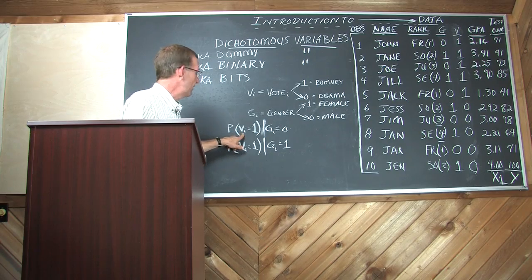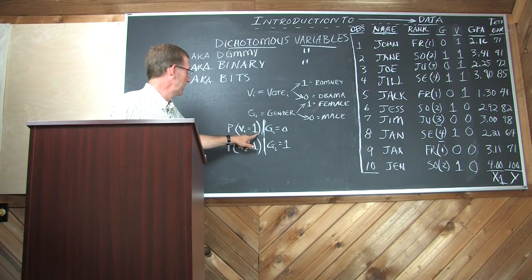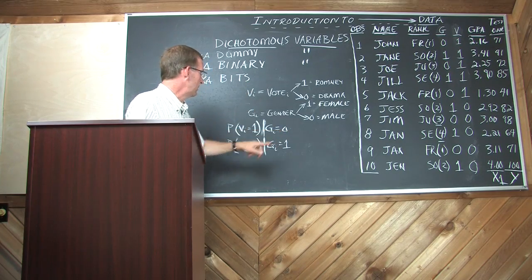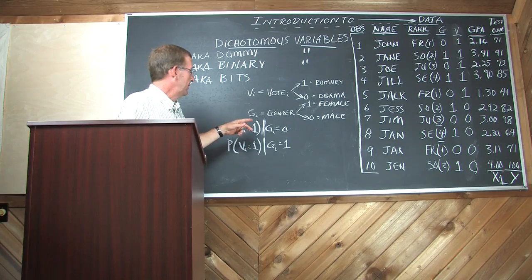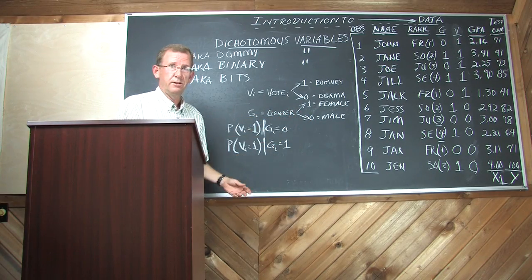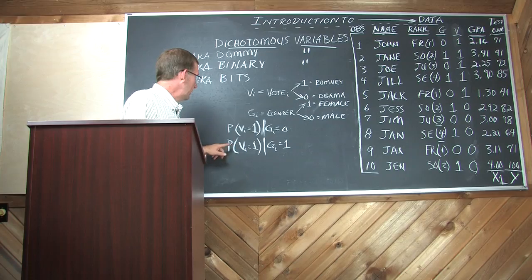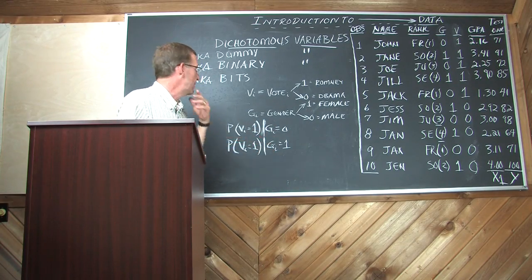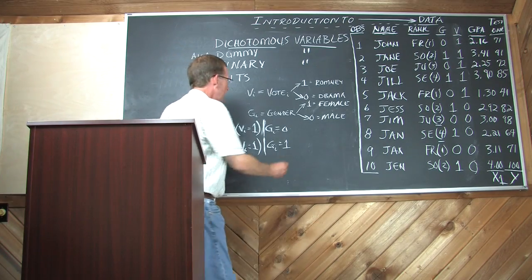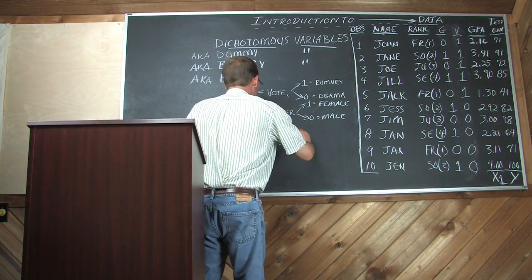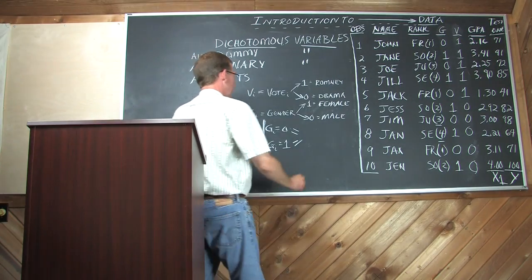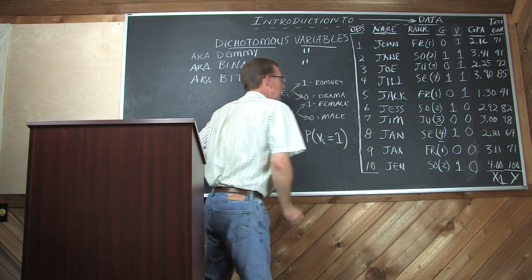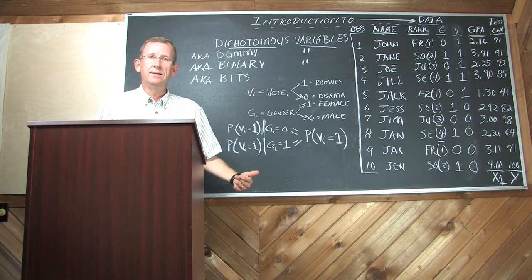This is the probability that vote, V sub i, equals 1, given, remember that sign, given that gender equals 0, or otherwise given that we're focusing only on males, and alternatively the probability that V equals 1, given that gender equals female. If both of these things simultaneously simplify to the probability that V sub i equals 1, then those two variables are independent.